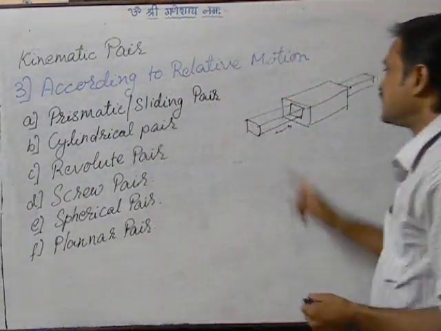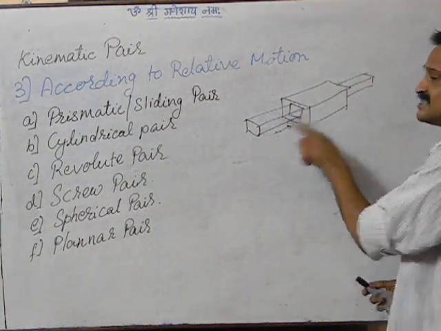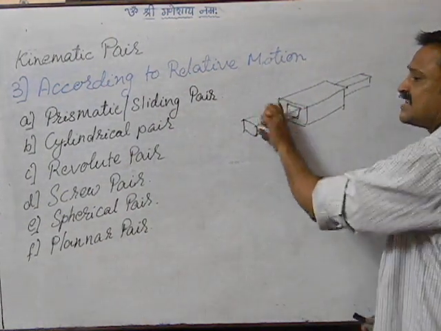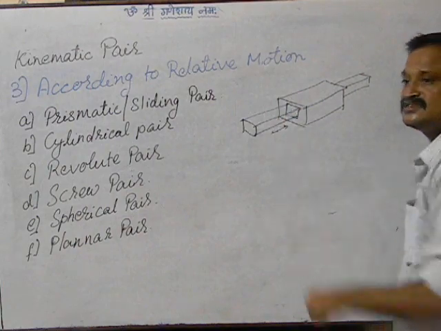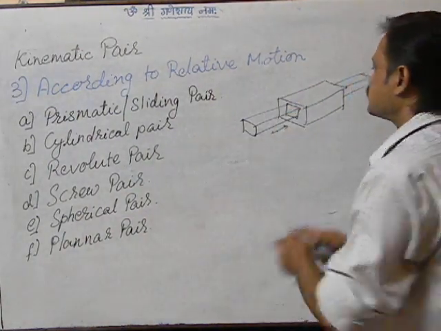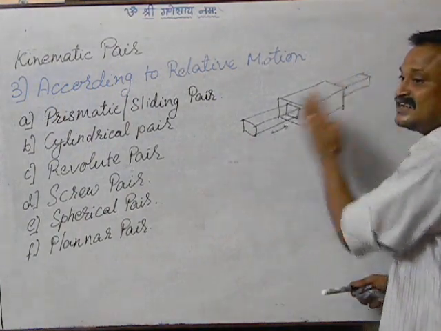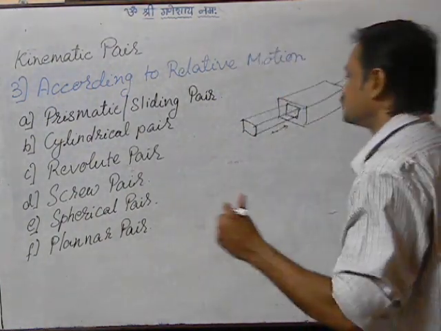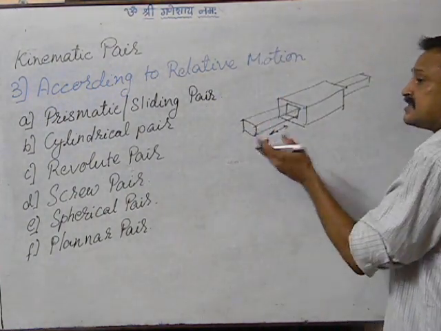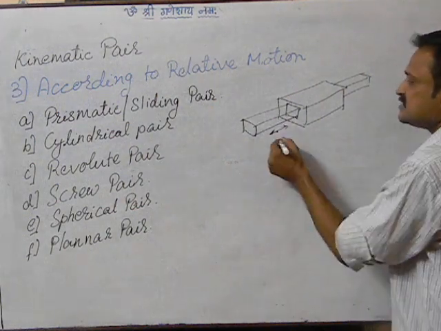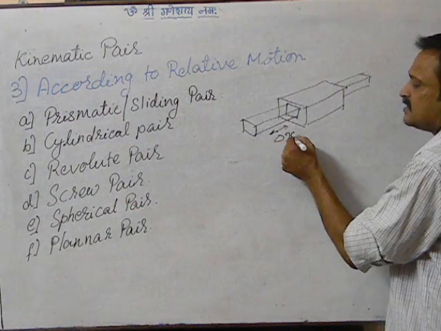In this case, the cross section is rectangular, so I cannot turn it or twist it inside this hole because the cross section is such. So it has only one scope of movement, which is linear motion, which is sliding. I can describe the equation of motion with the help of only one variable, let us say x.